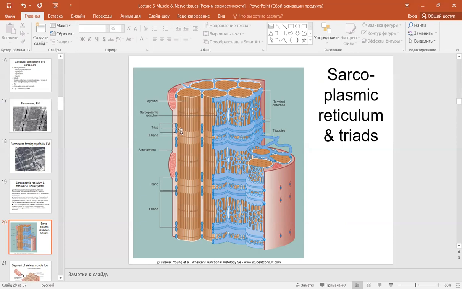This is sarcomere, this is sarcomere, this is collectively termed myofibril, this is the sarcolemma, this is the sarcoplasmic reticulum with the tubule, or triad of this muscle fiber, and mitochondria, which are responsible for the energetic supply of the contracting mechanism.